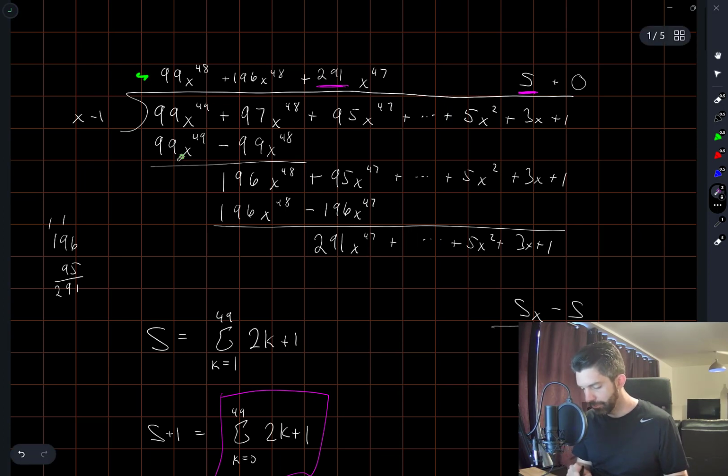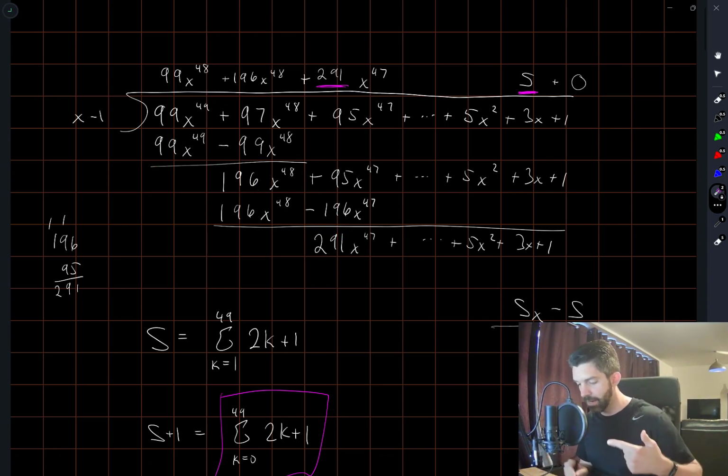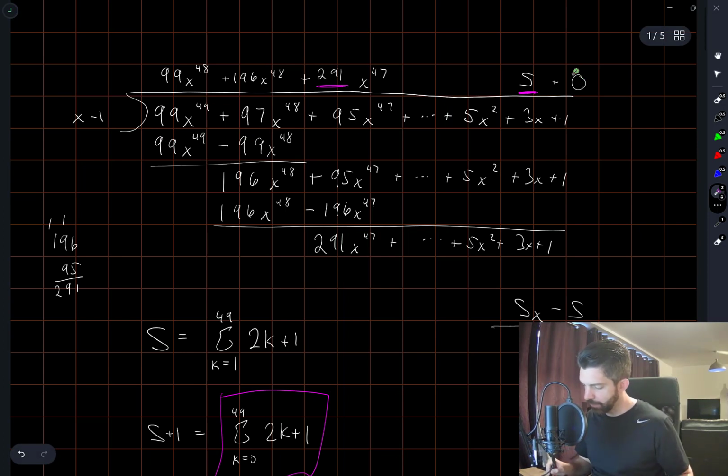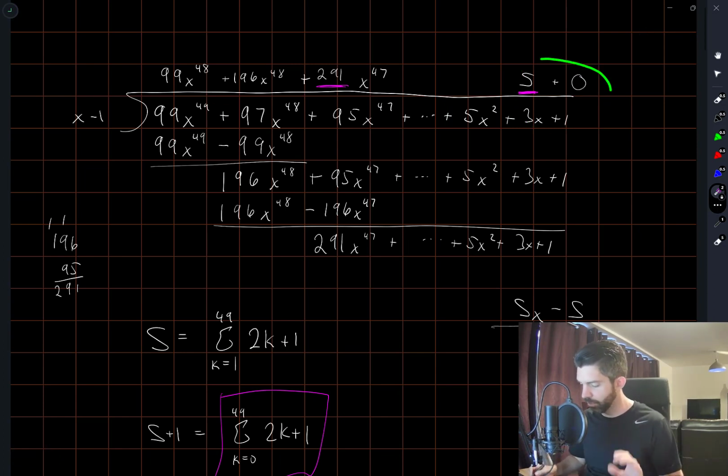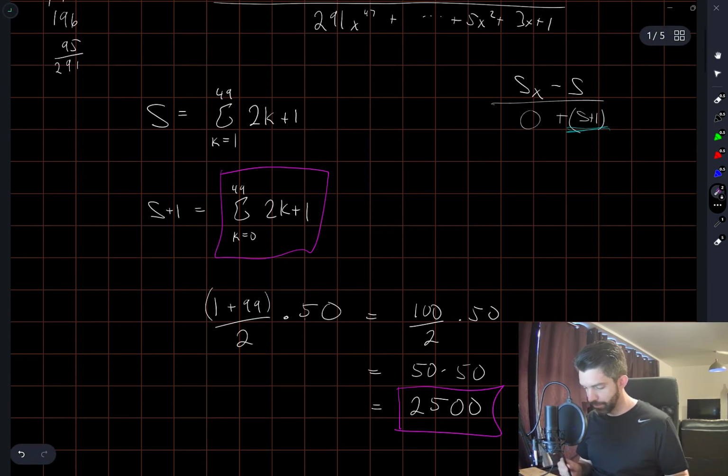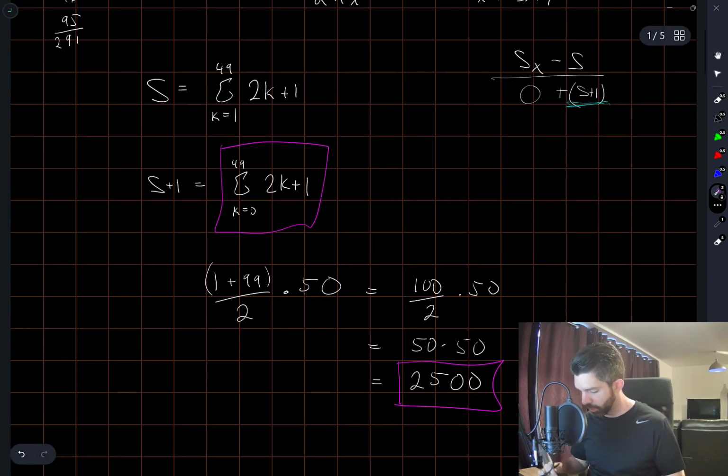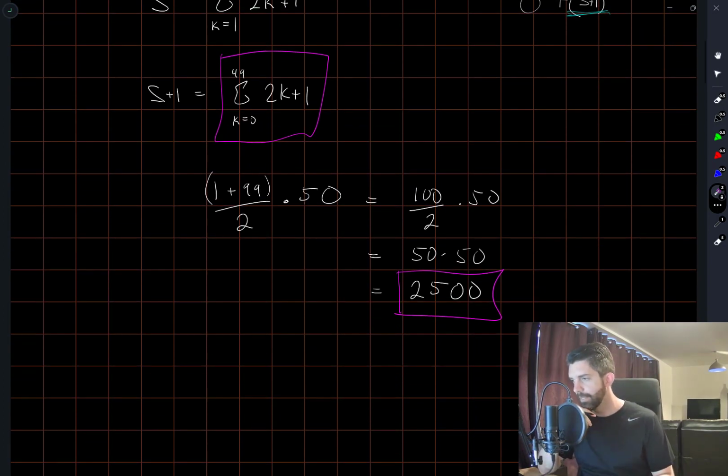Seeing the pattern in the coefficients, realizing that as I go down these entries we just keep adding up subsequent values of the coefficients, and then figuring out exactly how this pattern extends to the last 2 or so steps in the division. That was kind of important, and realizing that the final thing we're looking for is just going to be the sum of all the coefficients. That was kind of the key in doing this.